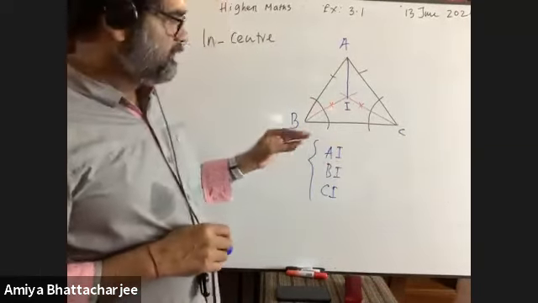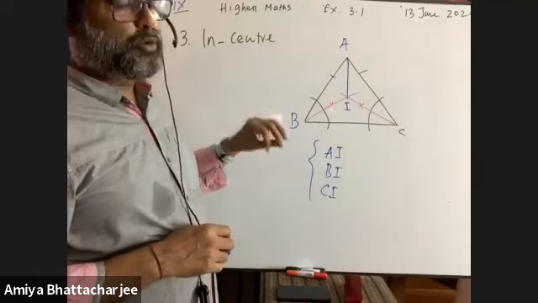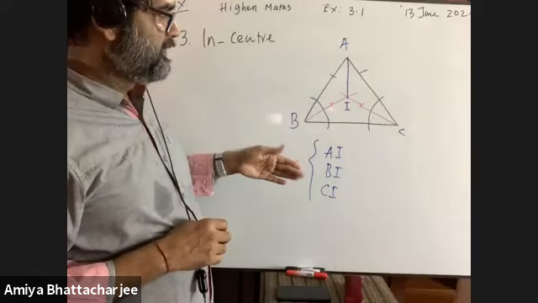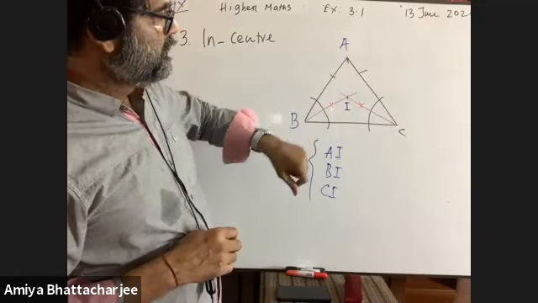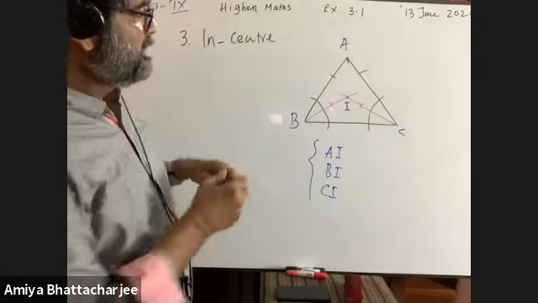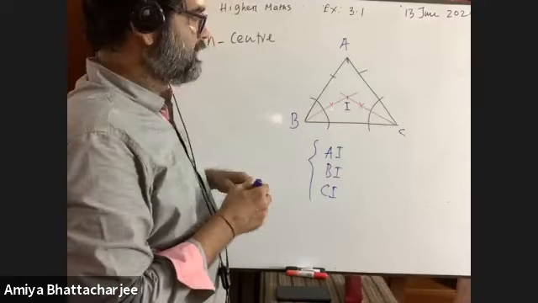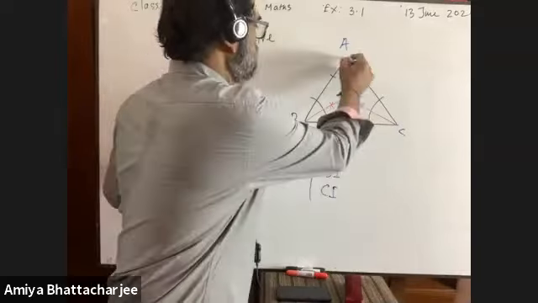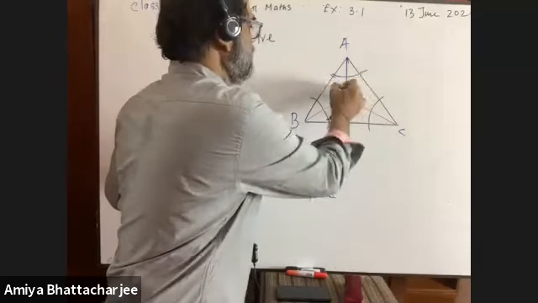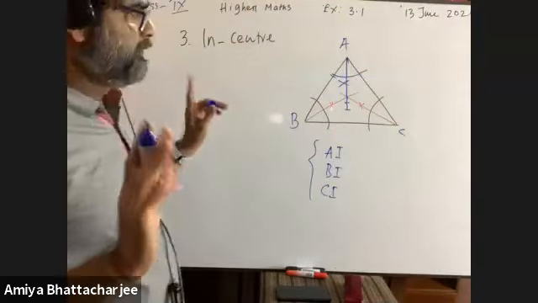What I added here, suppose it is not given, and if I draw the bisector of angle A, then it must pass through I, like this.